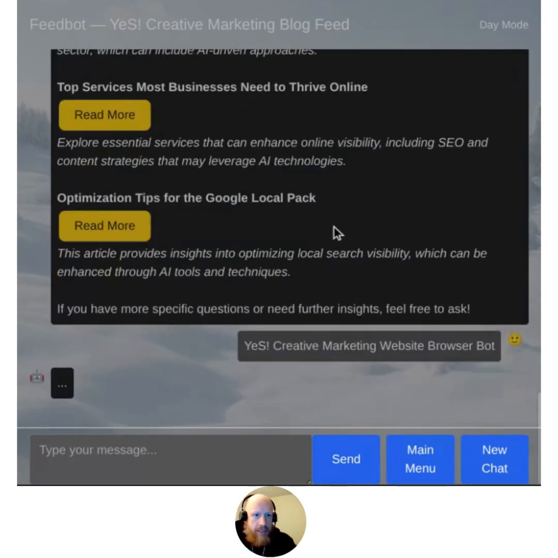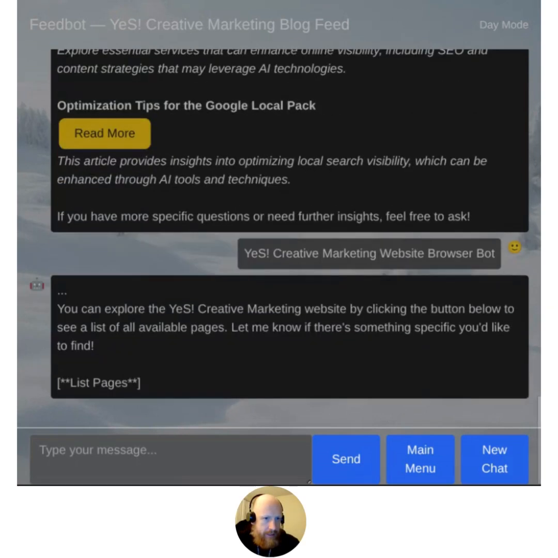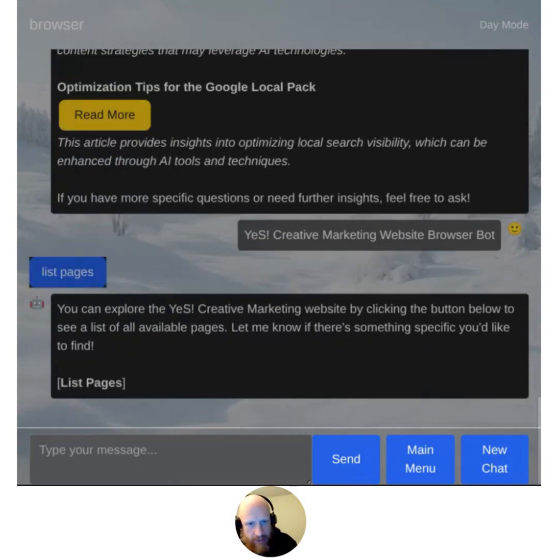Okay, the browser bot is connected to the pages of the website. And again, I think I mentioned earlier, these can be reintegrated in any way whatsoever. So this is just to demonstrate the capability, and then I would love suggestions on how it should function.